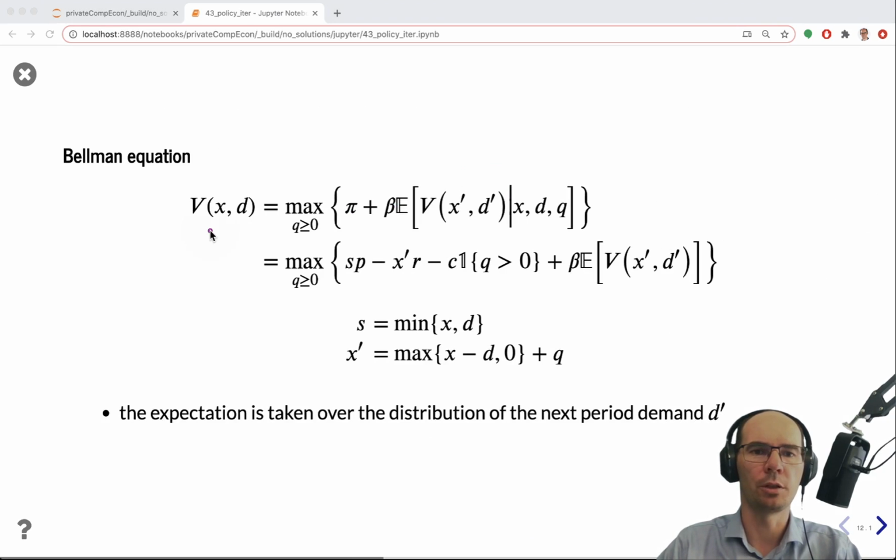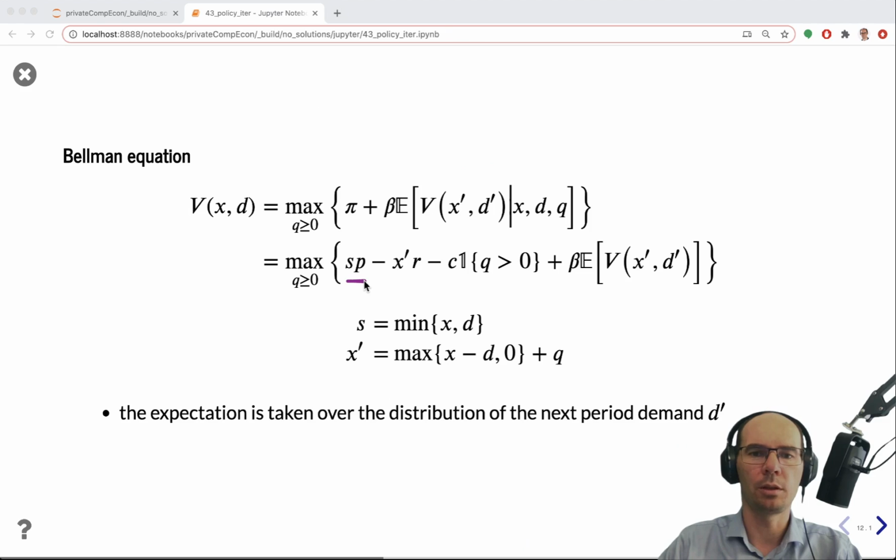Now the Bellman equation is given by this expression. The states of the problem are x and d. The choice is of course the quantity of new order, which is non-negative, and then the current payoff is just the profit, and then the expectation, which is quite standard.